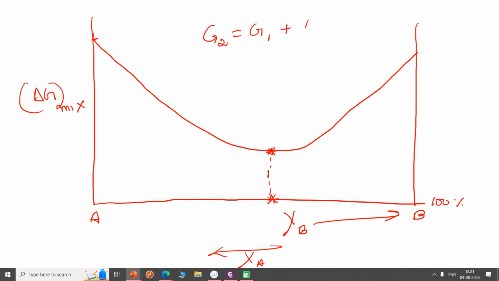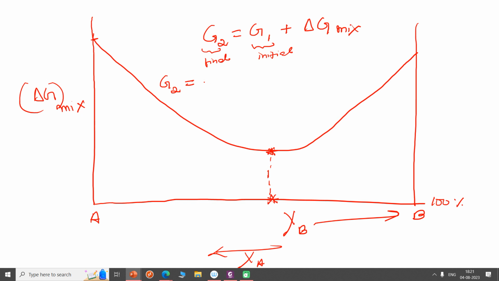And since you already know from the first week lectures that the change in free energy is given by this equation, wherein this term is the change in free energy after, this is the initial, and this is the final free energy, right? The initial free energy was nothing but mixtures; we have just taken A and B and mixed them manually, so the rule of mixtures will be valid.